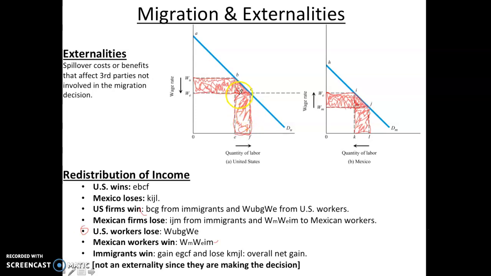The gain EGCF is greater than the loss KWMJL. You would be very rational to take this over this, and that's really just to say that Mexican workers leave low-paying Mexico to get higher-paying jobs in the US.